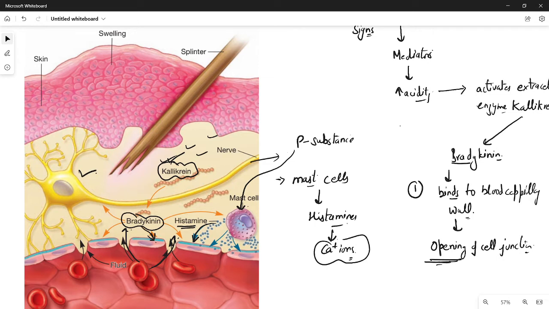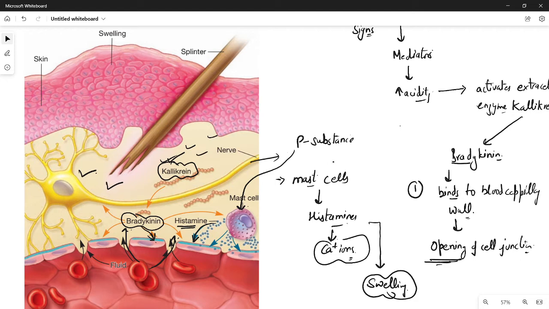All these events, the leakage of fluid into the extracellular space, cause the cardinal sign of inflammation called swelling. This is how the swelling occurs.